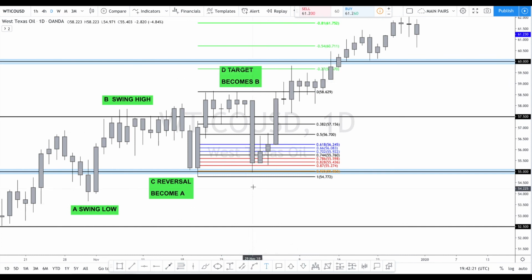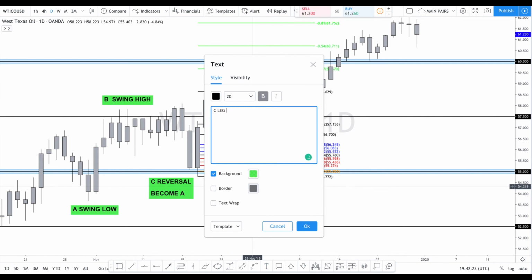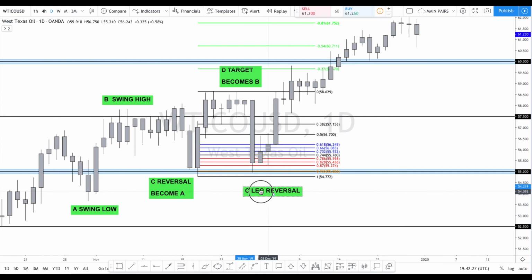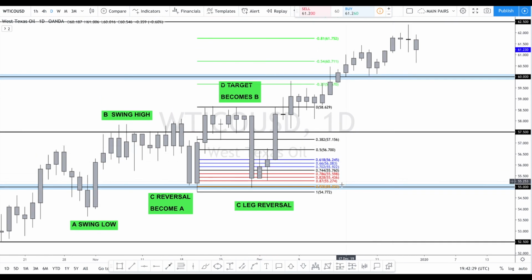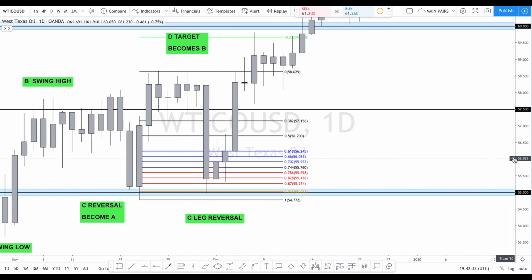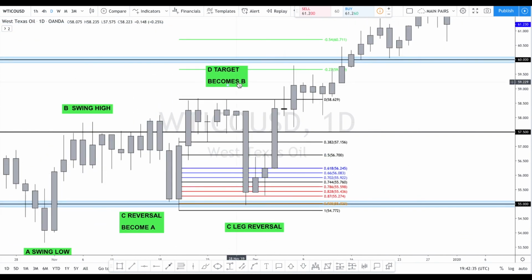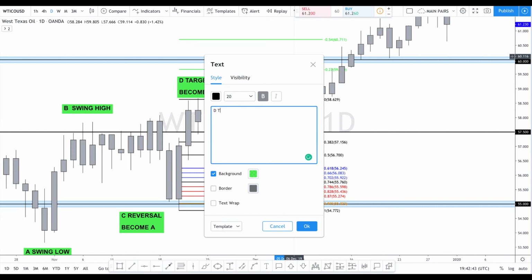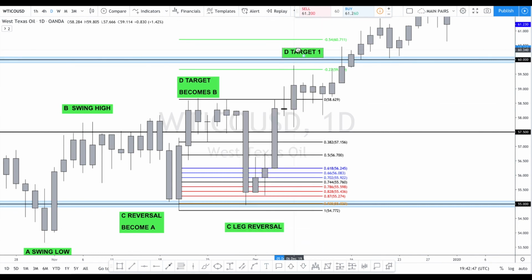This now is your C leg reversal. So look at the risk to reward you could have had. If you understood the concept and you said, that's where I'm looking, first one will target here, then your D target would be here. The D target 1 is here.